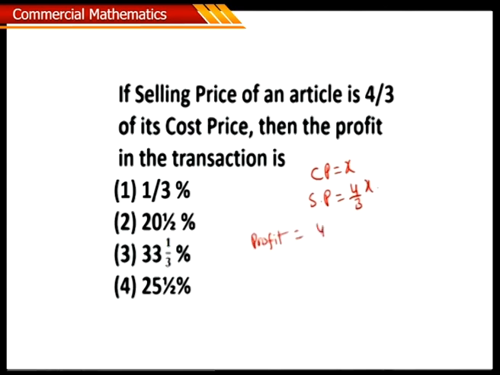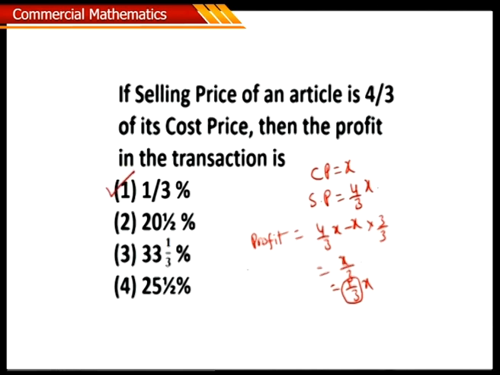Selling price minus cost price, 4/3 of X minus X, means into 3/3. So you can see that it is X by 3. So clearly when you observe, this is 1/3 of X. 1/3 means it is 33.33, or here of course it is not converted.